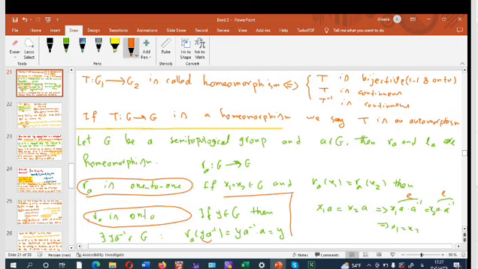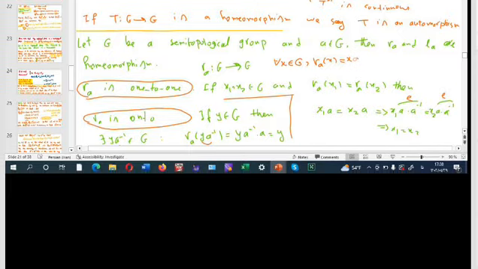Let me write for you. For any x in G, Ra of x equals xA, okay? XA.